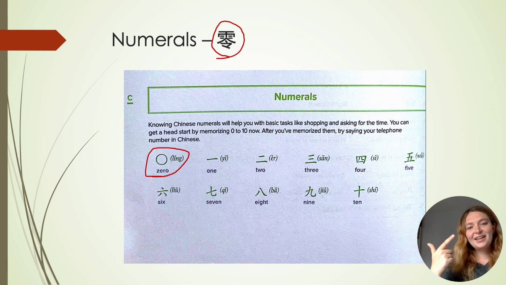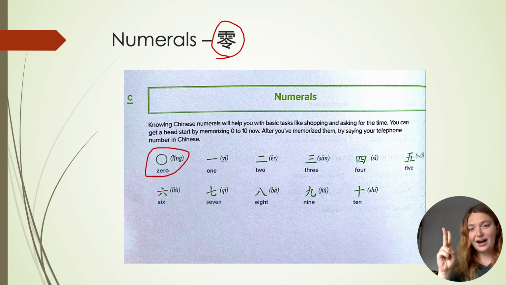For 9, you make a hook with your hand. It's like an American Sign Language X, if you know sign language at all. And then 10, you cross your fingers.